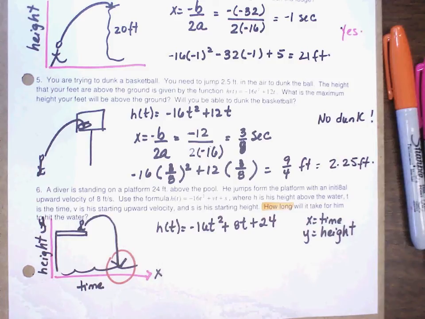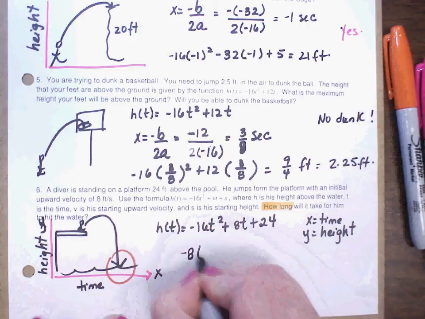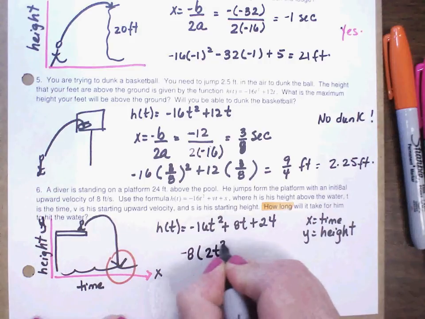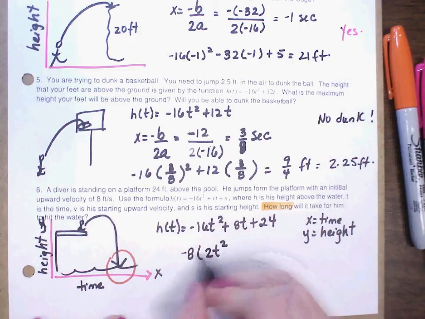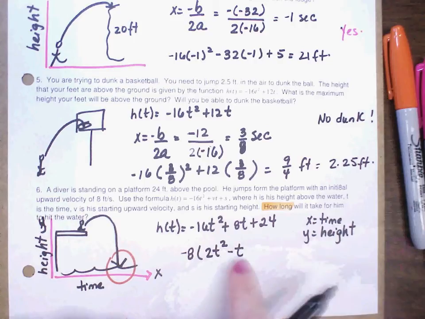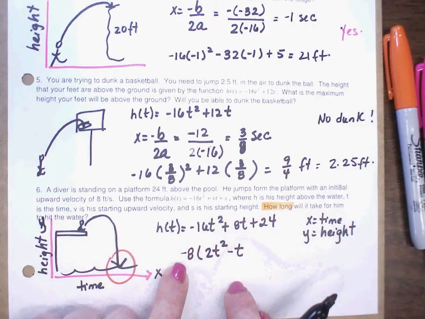That seems like it could factor, but I'm not sure. Negative 4, negative 8 could be the GCF, right? Remember, you don't want that t squared to be negative. Negative times a negative, so that you can have 8t, and then negative times a negative 3.